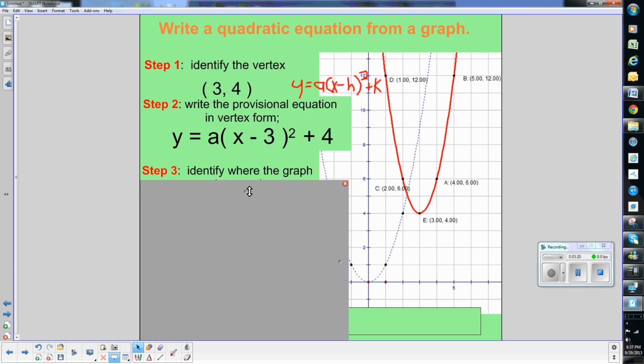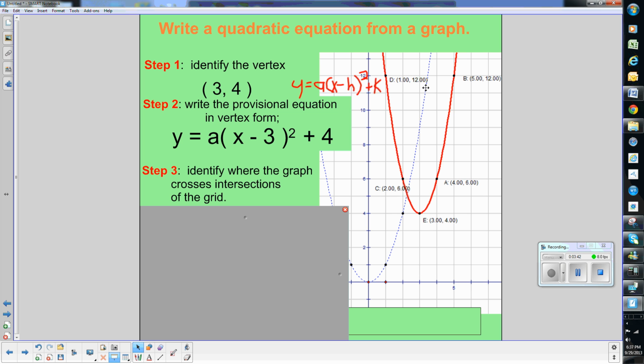So now step 3 is identify where the graph crosses intersections of the grid. Now this is marked here. So this is (3, 4), then here it crosses the grid at (4, 6), here it crosses the grid at (5, 12), over here it crosses the grid at (2, 6), and at (1, 12).